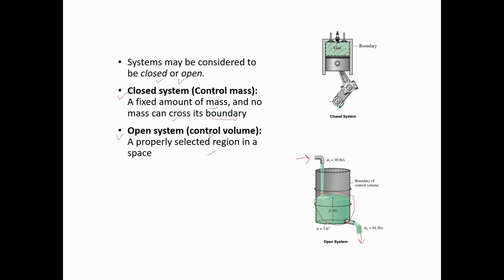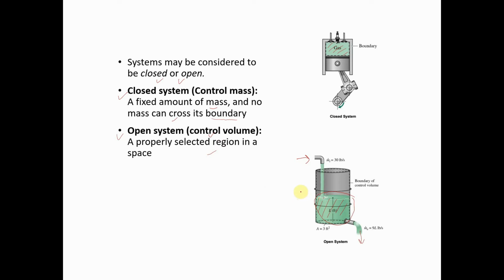It usually encloses a device that involves mass flow, such as a compressor, turbine, nozzle, or even a filter, like a water filter. Flow through these devices is best studied by selecting the region. Instead of focusing on the mass going in and out, we focus on the region and the volume here, as the part that we can control.